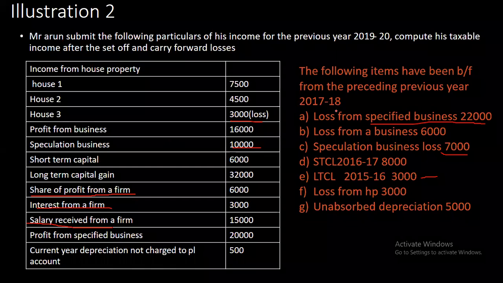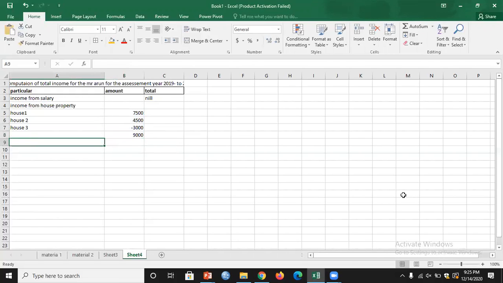Then let me check. There is a loss regarding the house property, a loss from house property of 3,000 rupees, so that must be deducted. So let me put it like this: less loss brought down, around 3,000 rupees, house property loss.